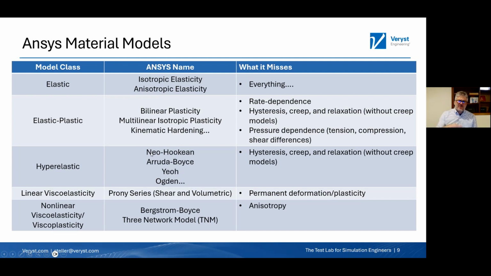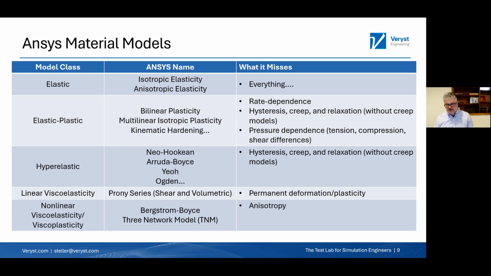So I talked about what they can do, but what about what these things miss? Well, the first is that a linear elastic model misses everything. It really doesn't capture too much, and we're going to quickly get beyond that, and hopefully I show you that quickly. Elastic plastic: typically, you're going to miss rate dependence.